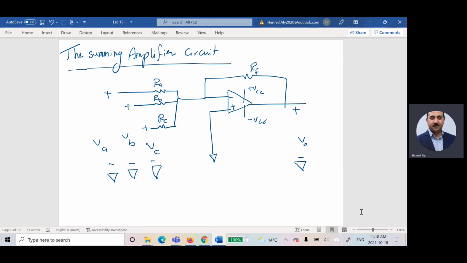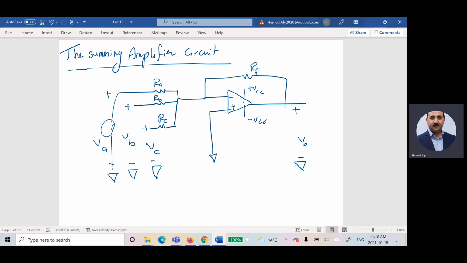Like this circuit, for example, it gave me RA, RB, RC. How many sources do we have? I have 3. The first source is VA, the second source is VB, the third source is VC. I told you before that, instead of drawing the circuit, actually, this looks something like that.